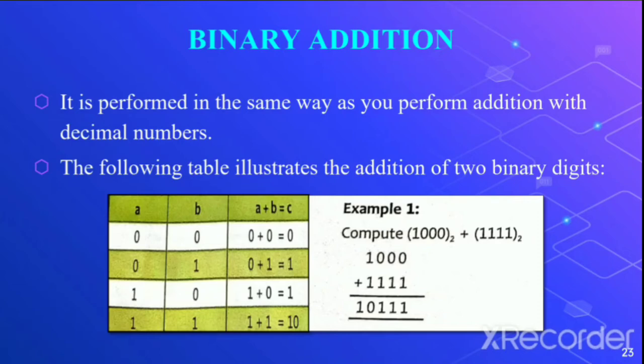So the first binary operation is binary addition. It is performed in the same way as we perform addition with decimal numbers. But for that, first we need to look at the table, that how we will add the binary digits.